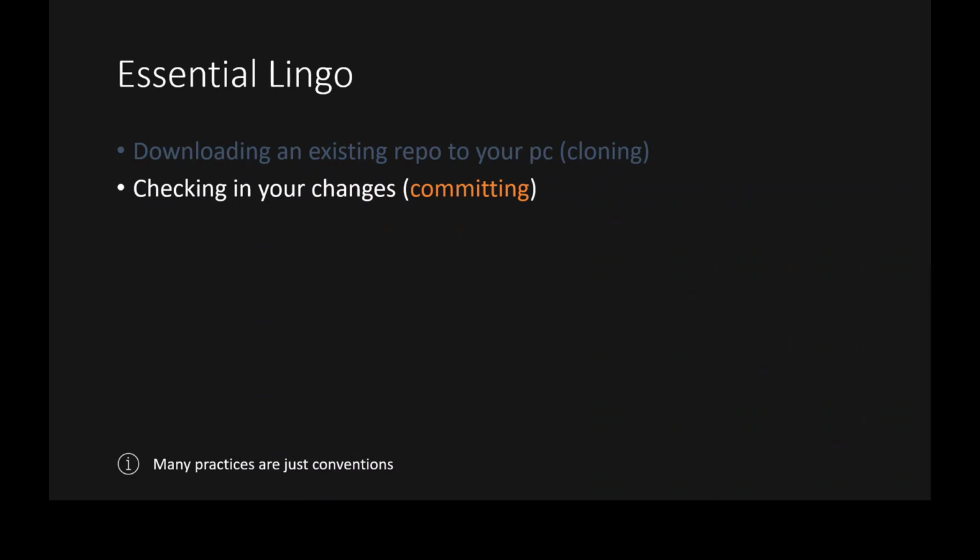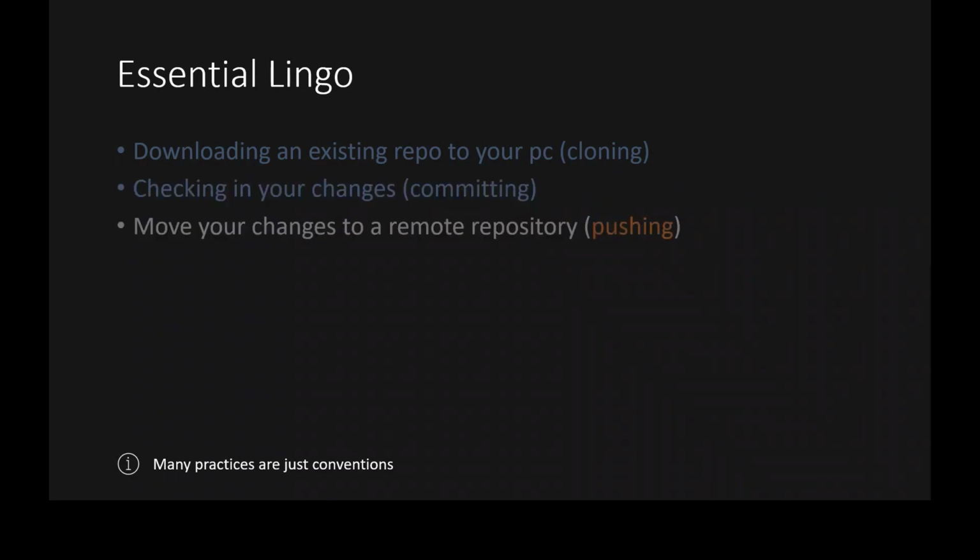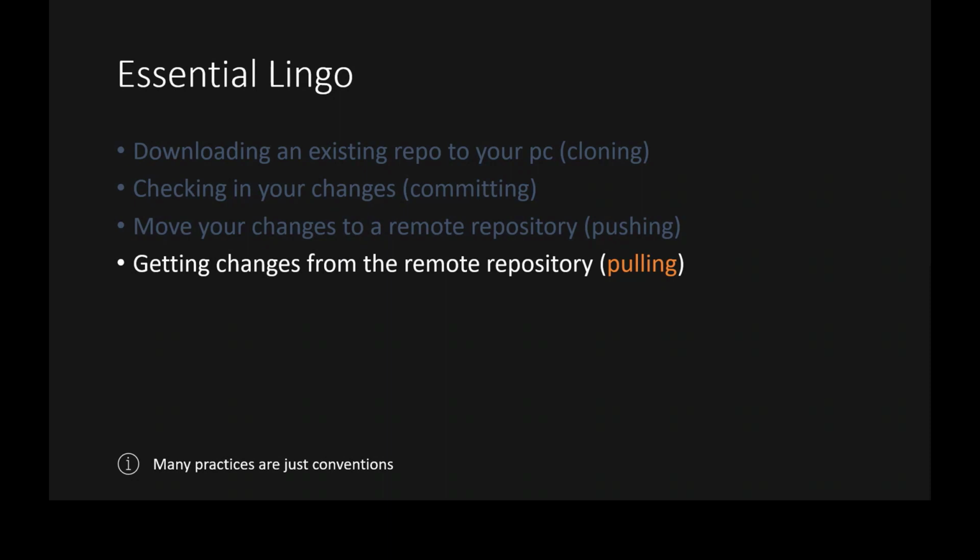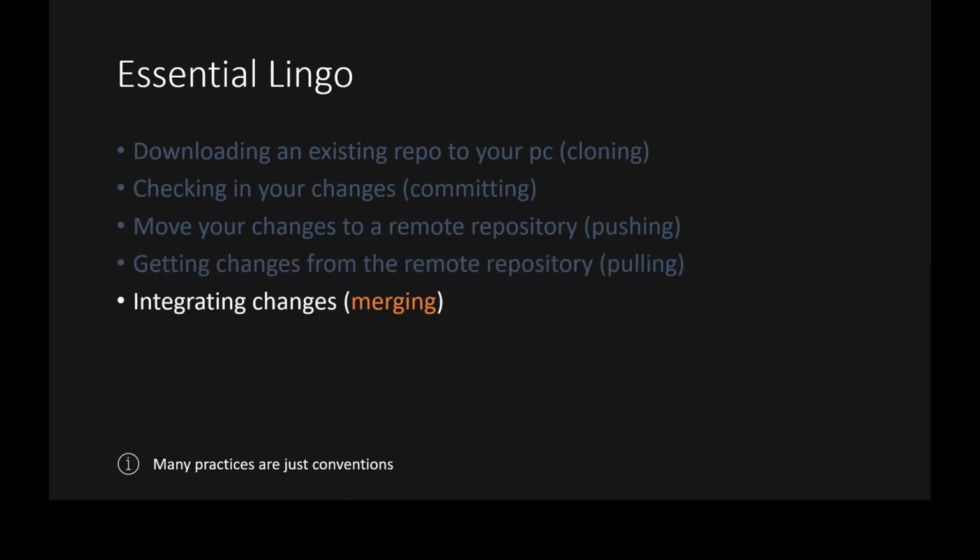And you always have to specify a message, a log message, by the way. Then you move your changes to the remote repository, which is called pushing. You get changes from the remote repository that someone else made by pulling, or if you use multiple PCs, for example, those might be your own changes, but that's a little bit meta maybe.